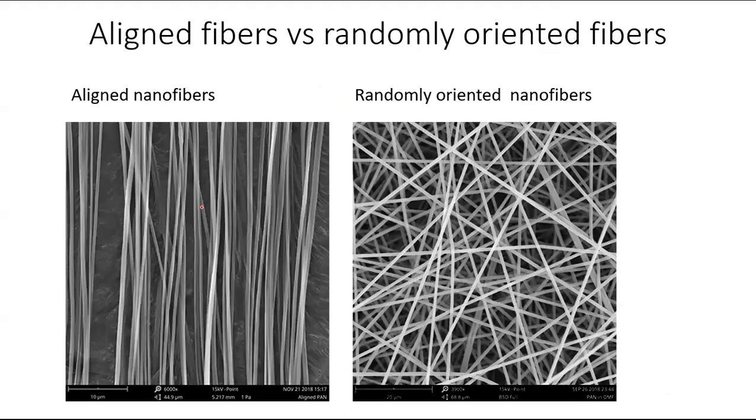In this one, I have given you a scanning electron microscope image of an aligned nanofiber sheet and a randomly oriented nanofiber sheet. You can see clearly the difference between the alignment and the random orientation.